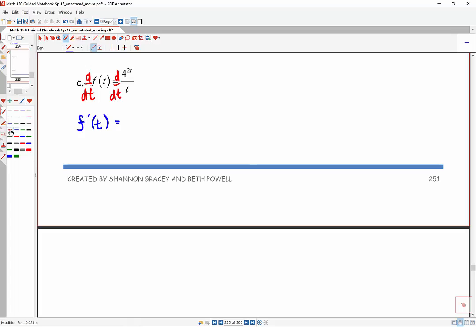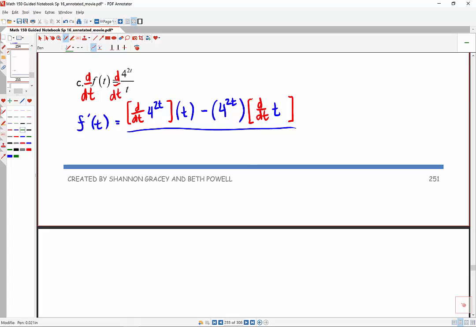So remember, we have the derivative with respect to t of our numerator, which is 4 raised to the 2t, and then that's multiplied by the denominator, and then we'll subtract from that the numerator times the derivative with respect to t of our denominator, and that's all over the denominator squared.